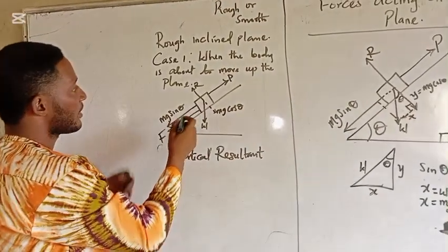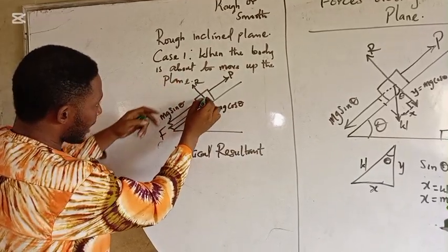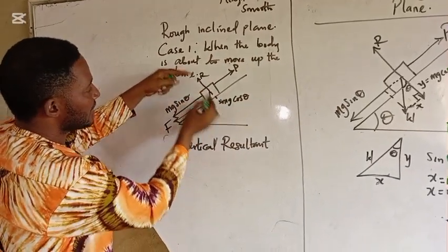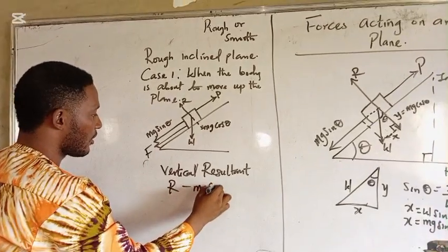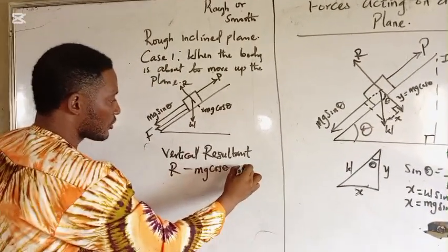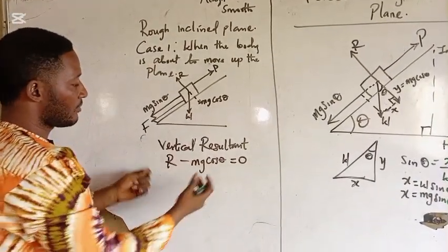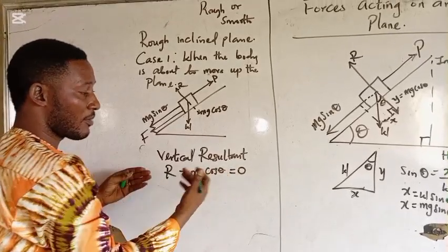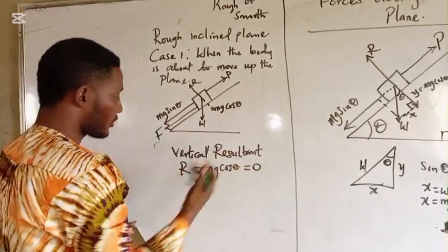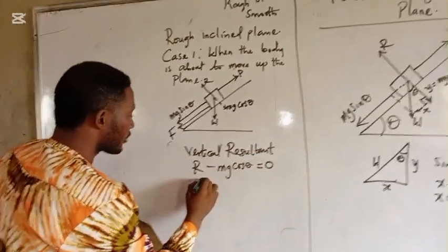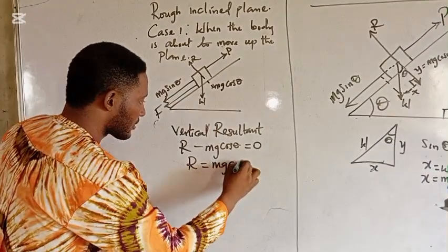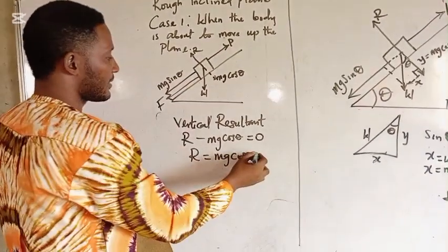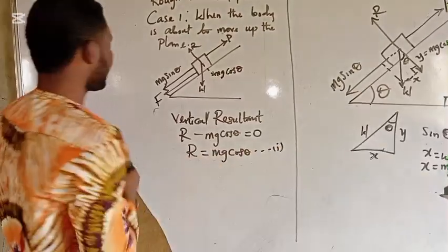On that note, trying to calculate the resultant of these forces acting in opposite directions, we are going to have R minus mg cos theta equals 0. Since at equilibrium, the sum of the net forces equals what? Equals 0. So you can transpose this. If you transpose that, you have R to be equal to what? Mg cos theta. Can you see that? So you can call this equation 1.